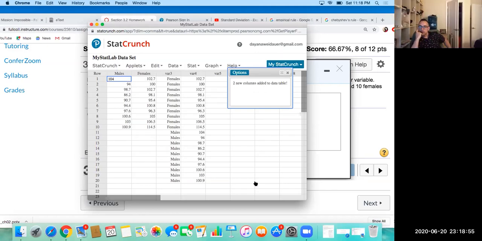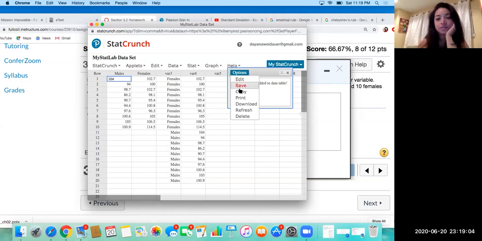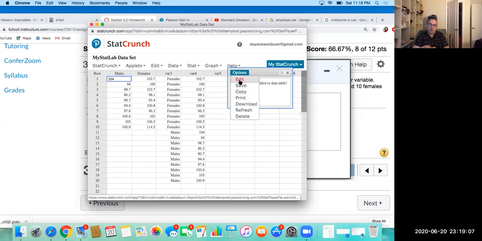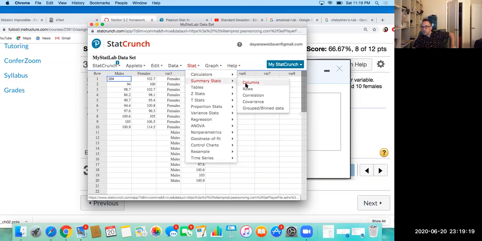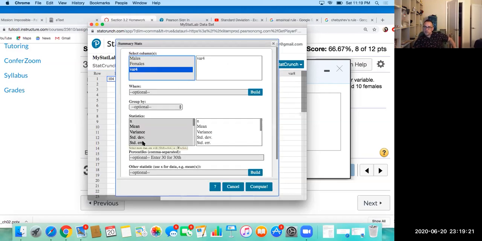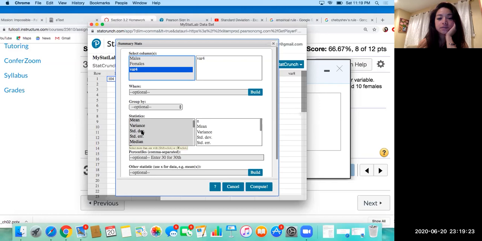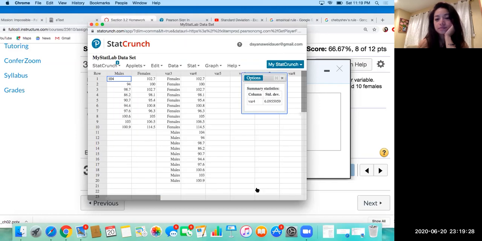There you go. Now just do it on variable 4. We have it all in one column. Under options, you can't edit because we haven't done summary statistics yet. It's only if you've done summary statistics where you can edit it. Oh, I see. Standard deviation, right? There you go. That's your answer.